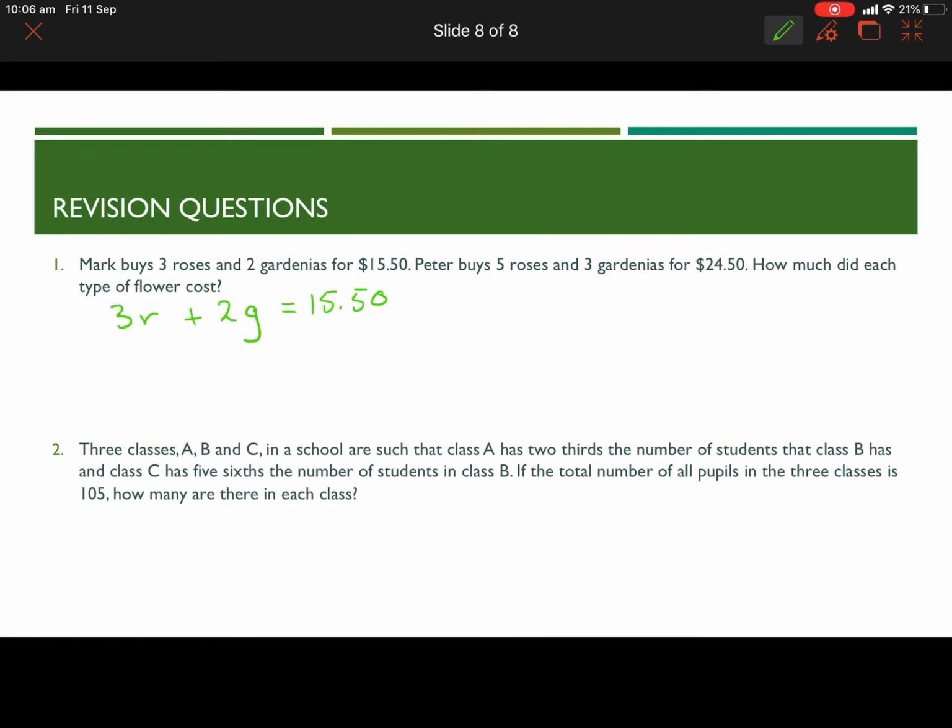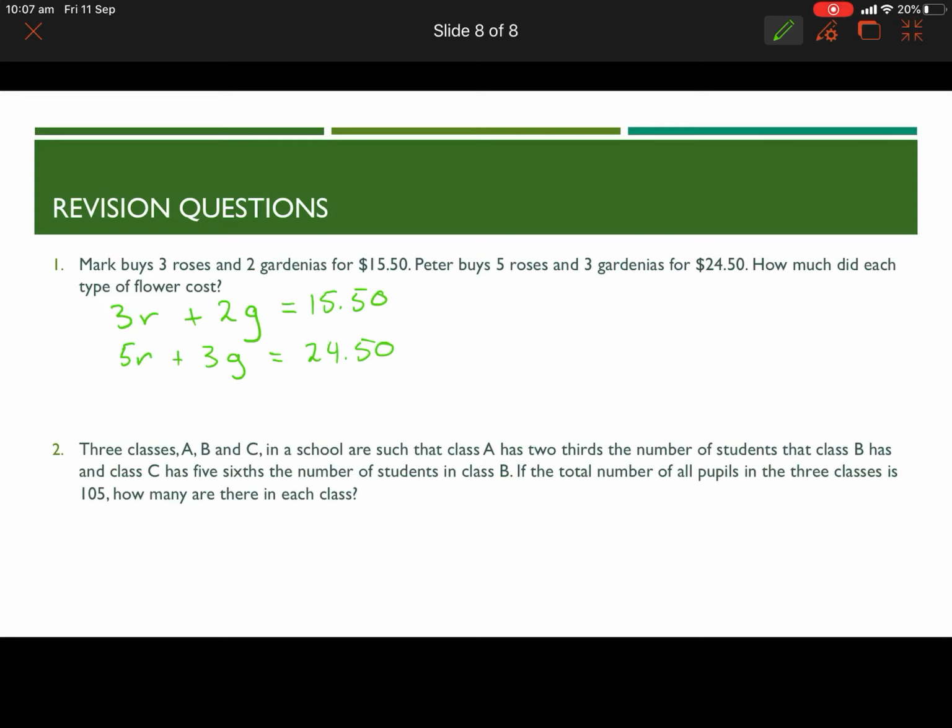Then our next one, Peter buys 5 roses and 3 gardenias, and that equals 24.50. The hardest part, I guess, about these is coming up with your equations from the worded question, and then you can just use your skills like we did in the last slide to solve your simultaneous equations.